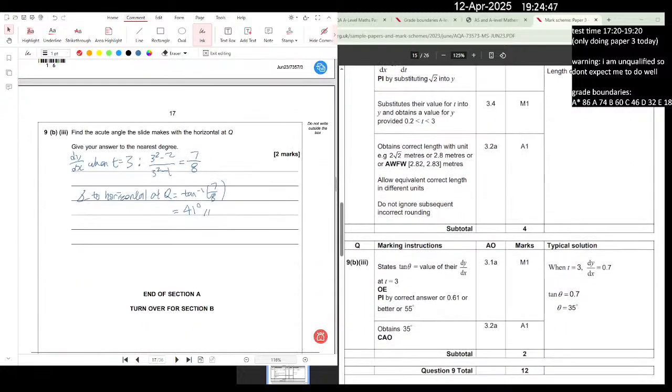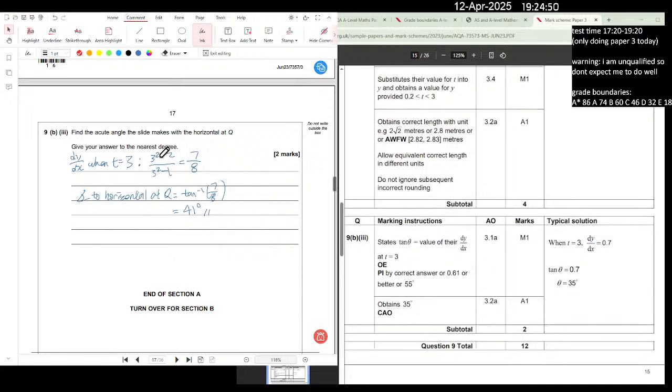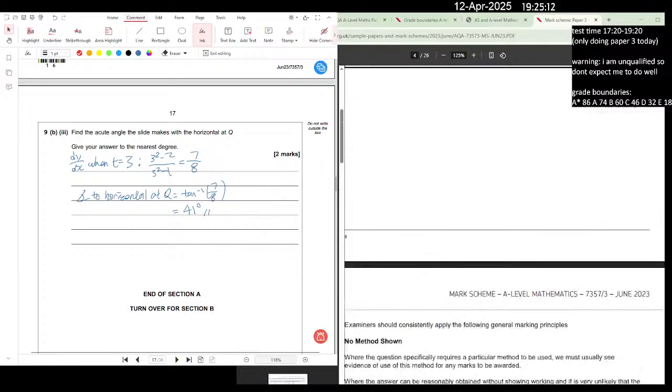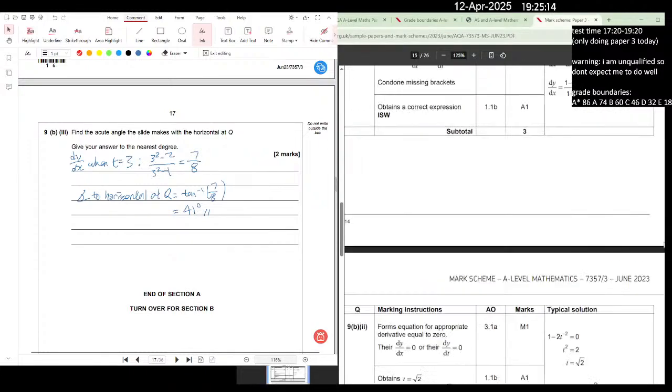And then 9b, yeah, tangent theta equals value of their dy over dx at t equals 3. Okay, I didn't get it, because my dy over dx was wrong, so I got the wrong answer. Is there any error carry forward for this? What does CAO mean? I don't know. What does CAO mean? Correct answer only.